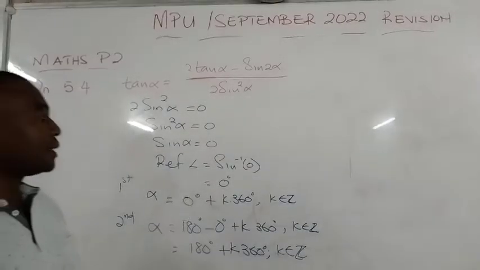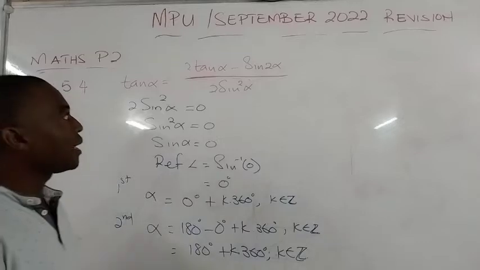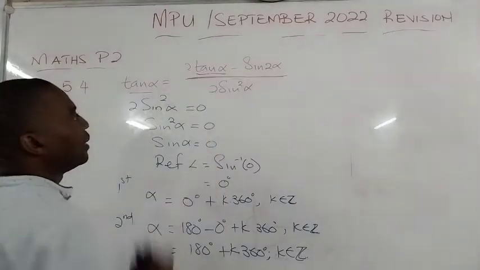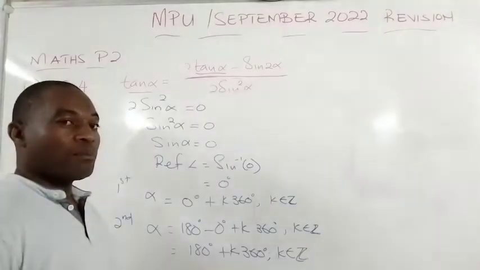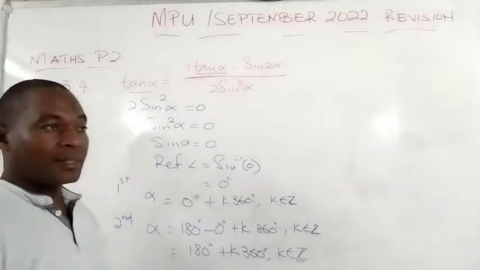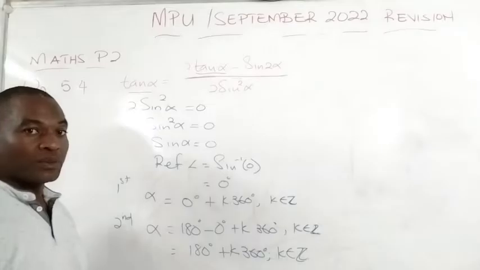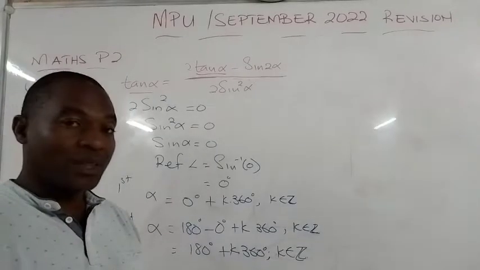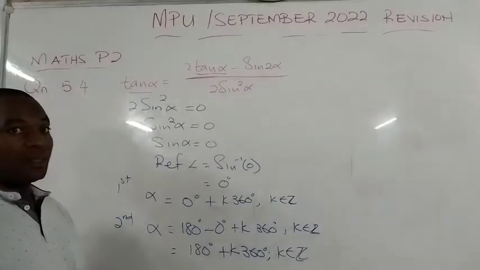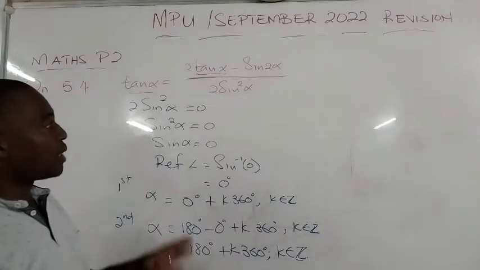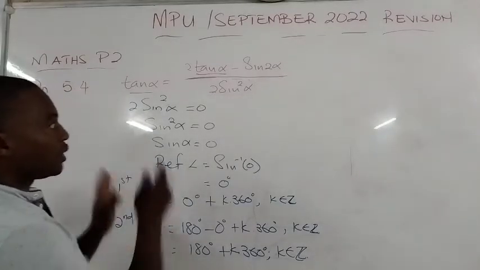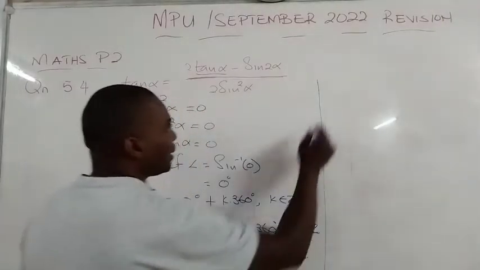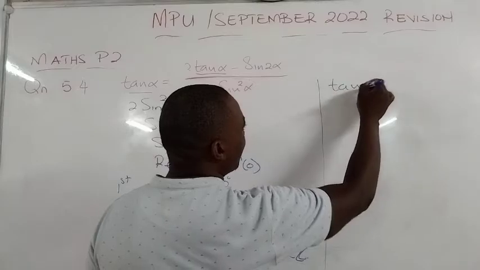But then it does not only end here. You notice that we have tan. And if you remember the graph of tan x, there are some values for which this graph of tan x is not defined. So it means we do have some other values for which this identity is not defined. So we are just taking this from the graph of tan x.